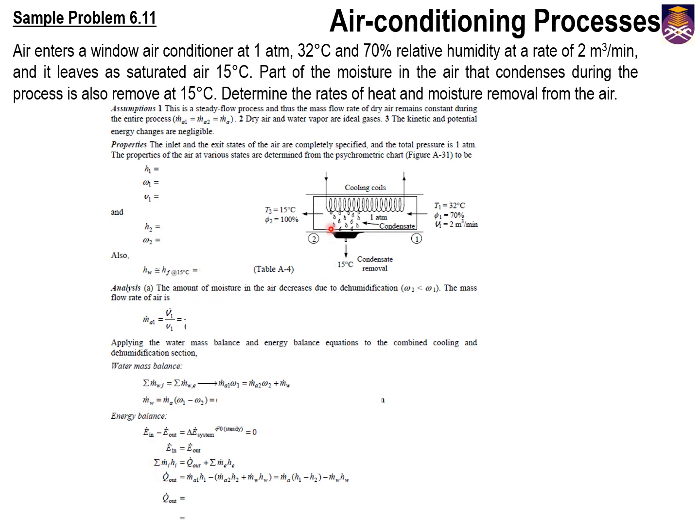And the Q out, amount of heat that is absorbed by the cooling coils, is given by this formula again, right? m dot A (h1 minus h2) minus the heat loss through the condensate removal. So this is the condensate removal, m dot W, which is found from here, and hW is this value that you found from table A4, and that will give you your Q out. All right, so please try this question.